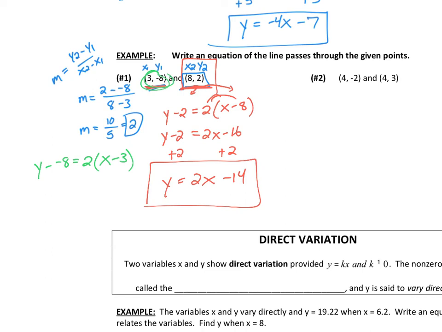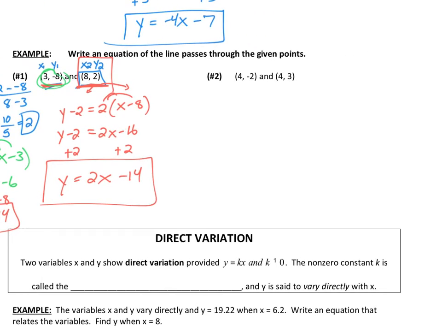If I distribute, it'd be 2x minus 6, and this would be y plus 8, because the minus and negative become plus positive. And then you minus 8 to get y equals 2x minus 14. So it doesn't matter which point you pick when you plug it in. You pick either point, plug it in, you'll get y equals 2x minus 14.